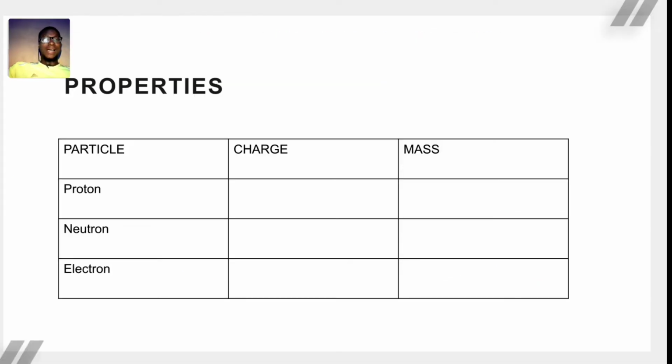Each particle has its peculiar property in terms of the charge and the mass. For example, the charge on the proton particle is plus 1.6 times 10 raised to the power of minus 19. Neutron has a charge of 0.